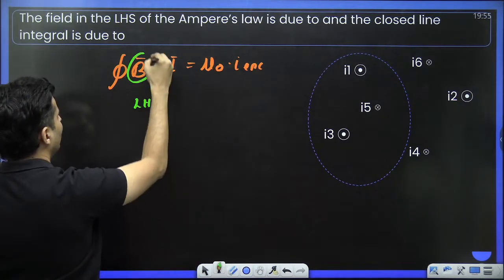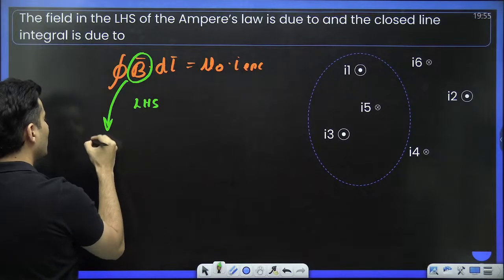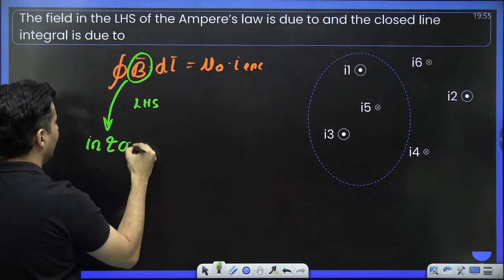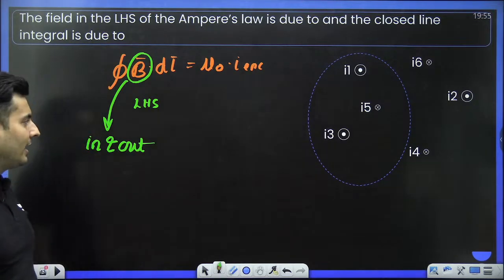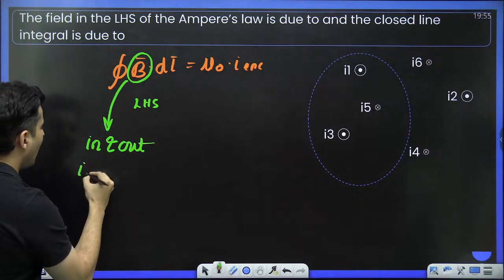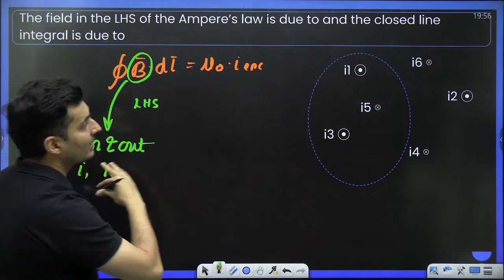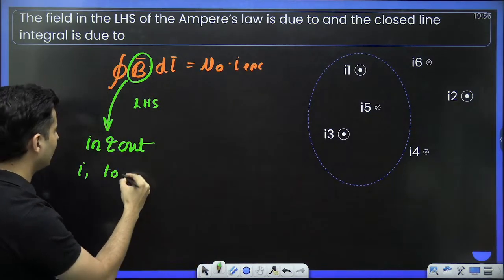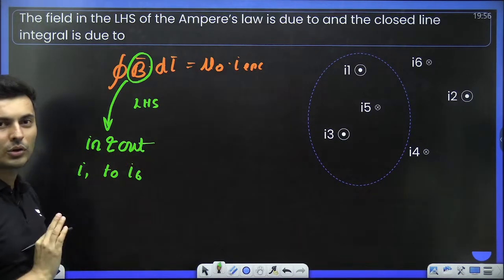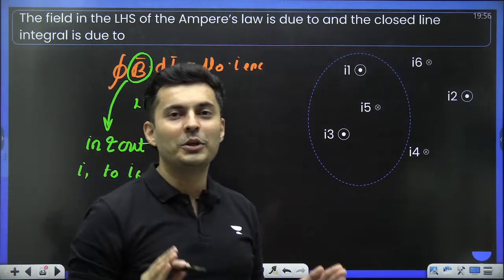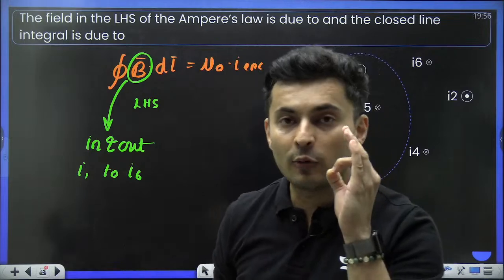If you notice this particular field, I just told you it is because of both the inner as well as the outer currents. So in this case, it is I1, I2, up to the last current, I think I6. All the currents, in and out, are involved in finding the value of B.